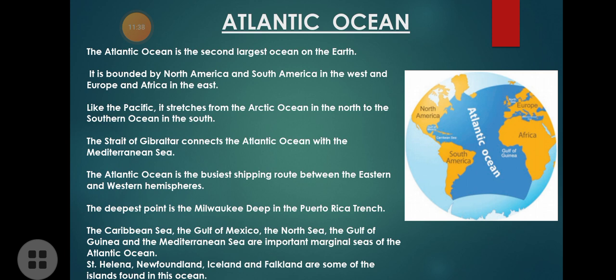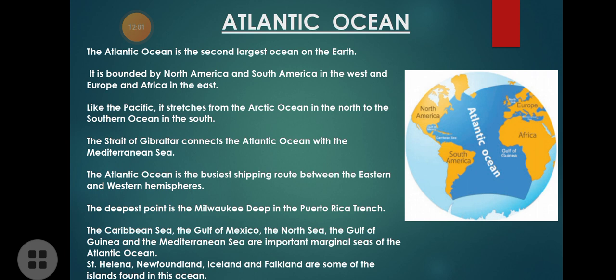The Strait of Gibraltar connects the Mediterranean Sea with the Atlantic Ocean. So what is a strait? It is a small link which connects an ocean and a sea.